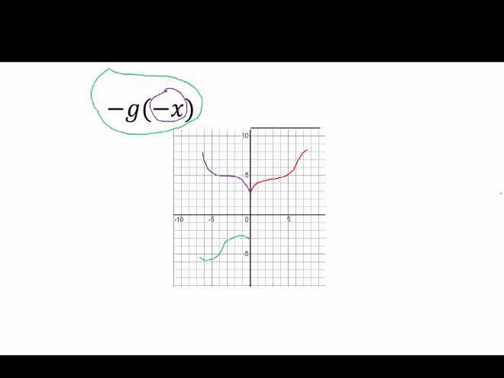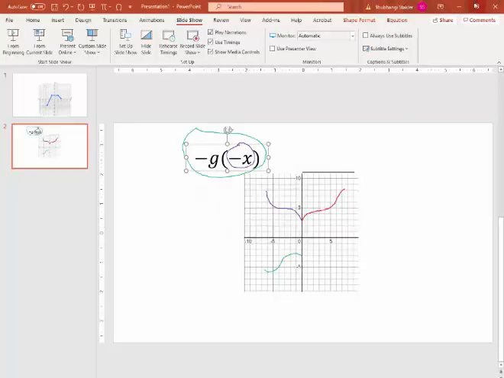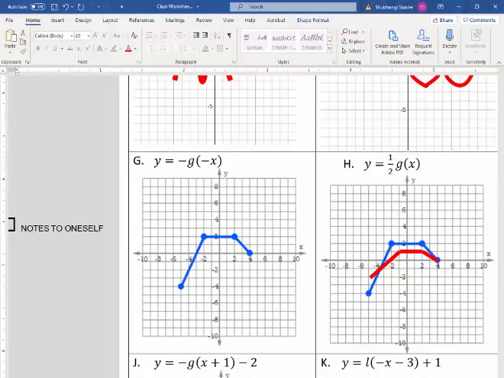Like that. Everybody see that? Yep. Any questions there? All right, we'll save that in case we have to come back.